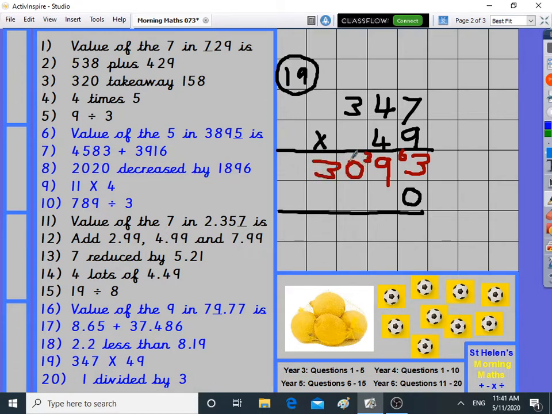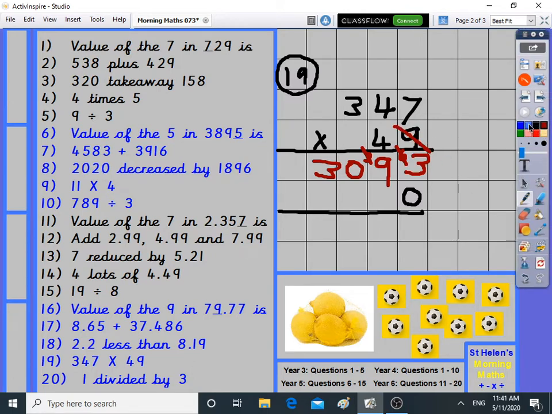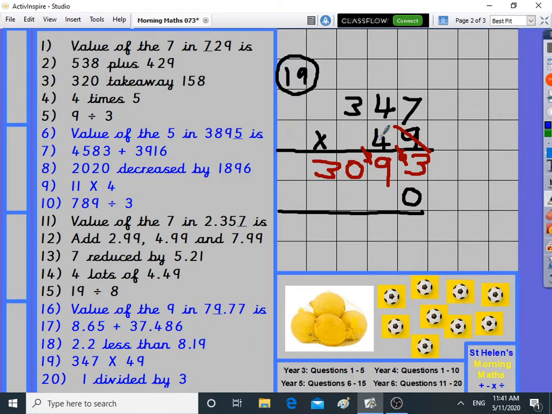So what I've done there is I multiplied 347 by 9. And it turned out to be 3,093. Take away my little ones. I'm going to cross out the 9, because that really helps me focus on what I'm doing next, which is 347 times 4. But obviously, being the tens column, it's really 40. It's really 347 times 40. But if I put the 0 in, I can pretend it's 4. 347 times 4.